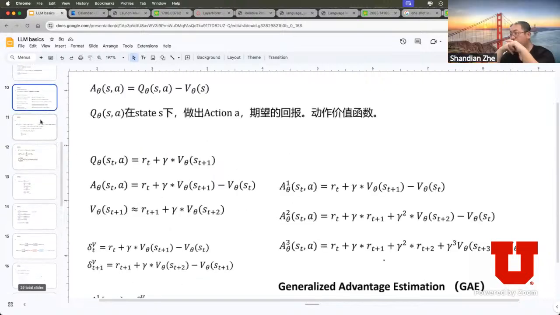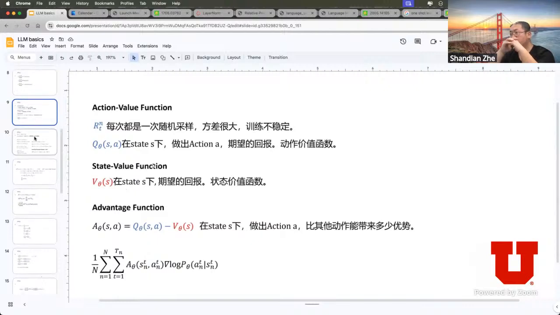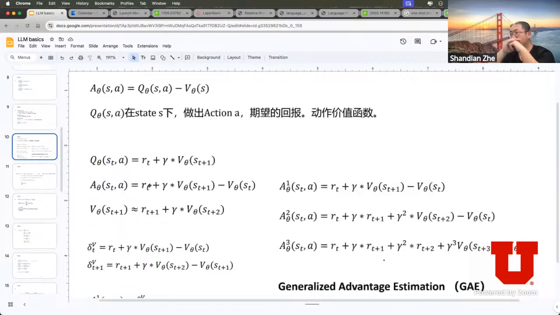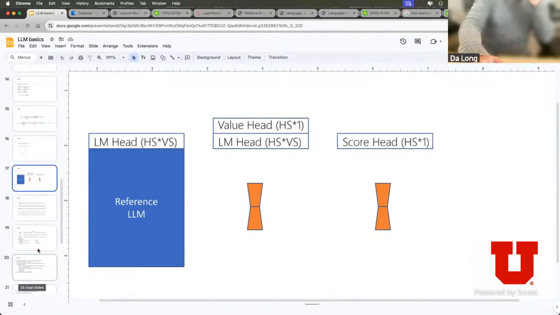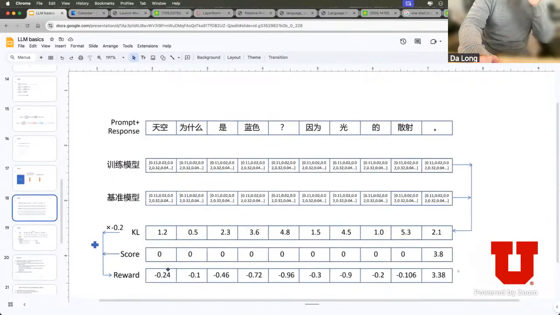If we go back to the slide, you got R_t. R_t means the immediate reward after you perform action a on the state s_t. Actually, in practice, they calculate the total reward based on the score and the KL divergence, so they have the reward for each step.